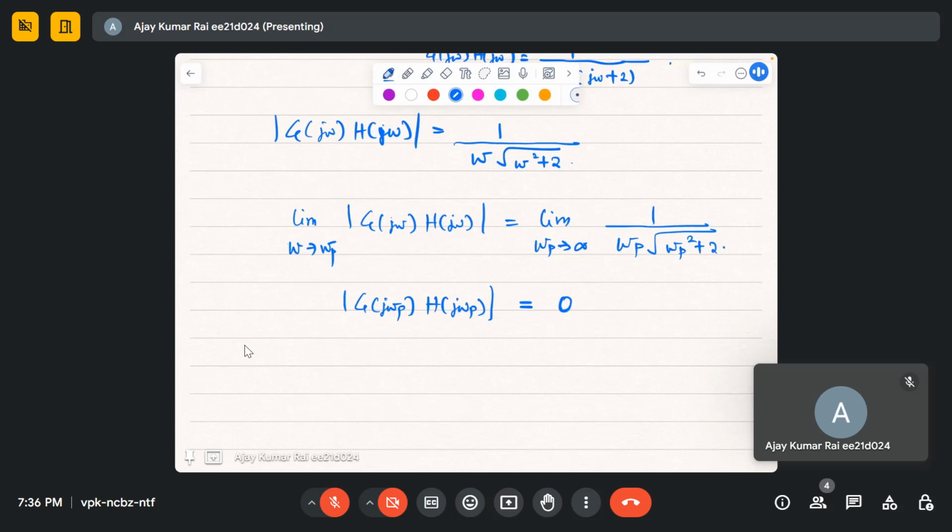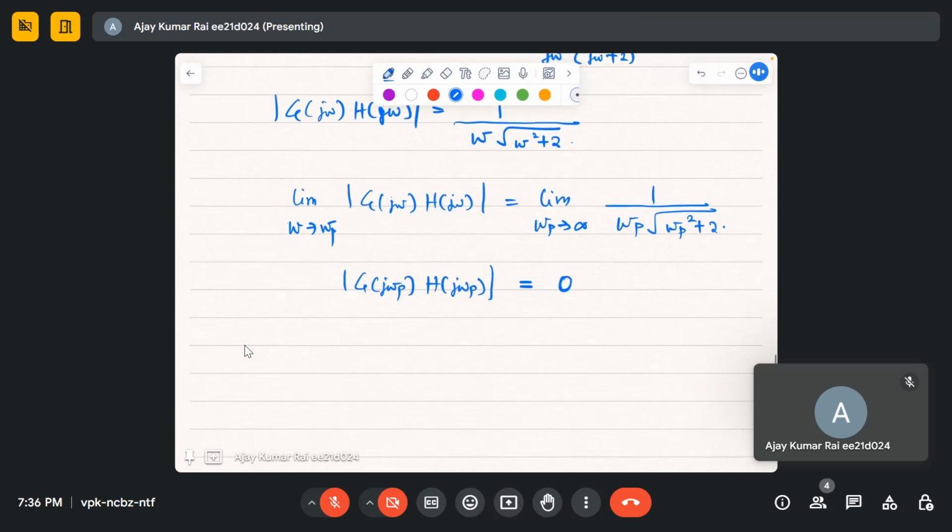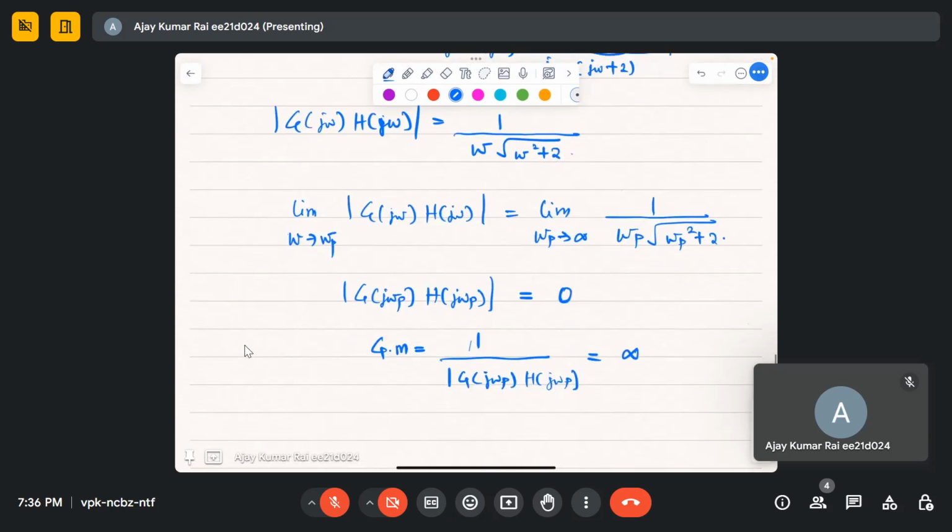Because omega p is infinity and it's in denominator, so you'll get 0. And what is gain margin? It's reciprocal of this. So what you'll get? Infinity. Okay.